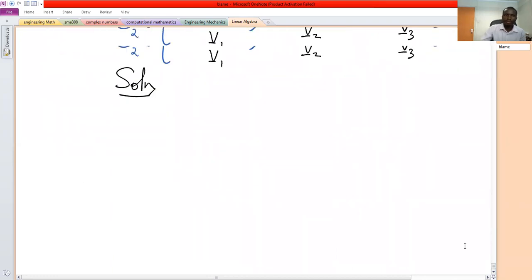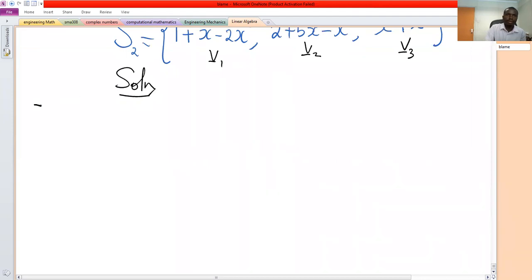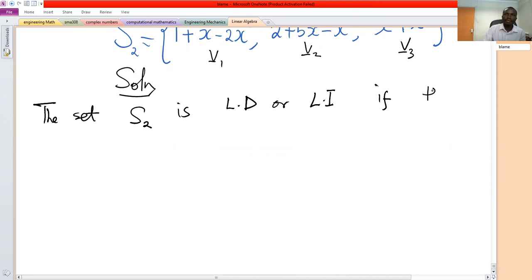So the set S2 is linearly dependent or linearly independent depending on the vector equation.